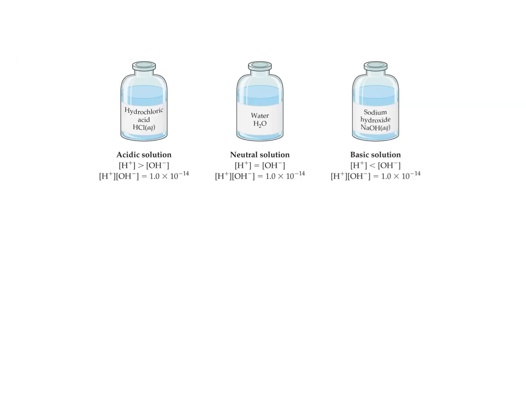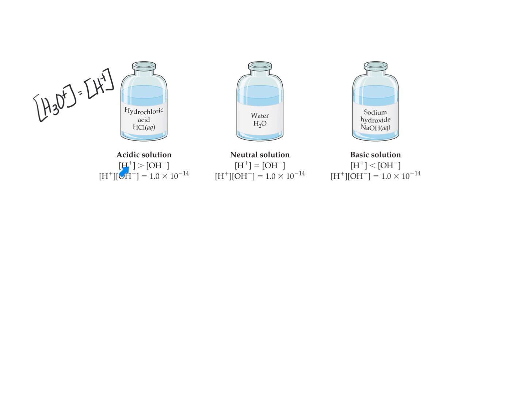One of the things that we're going to see is in an acidic solution, you are going to have more H3O+. Now they're using H+ here, and so it's important to understand that some references are going to use H3O+ and some are just going to use H+. Those are going to be interchangeable.